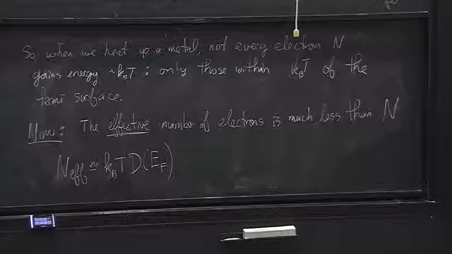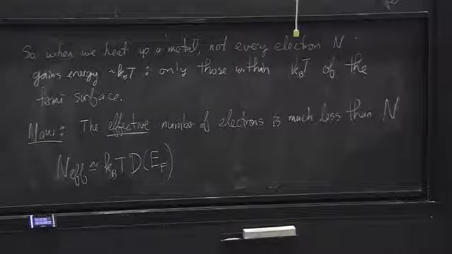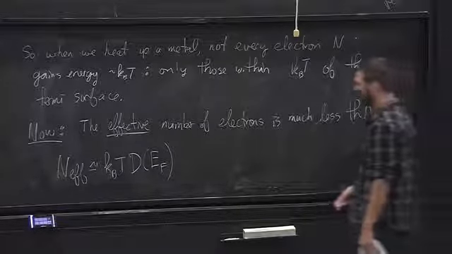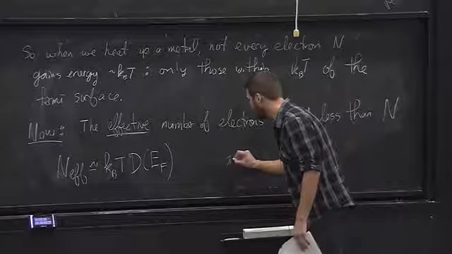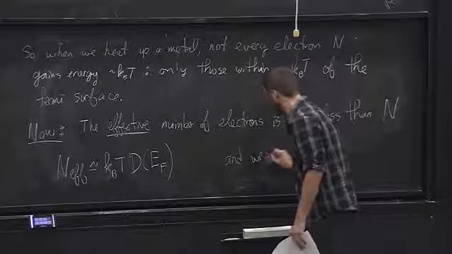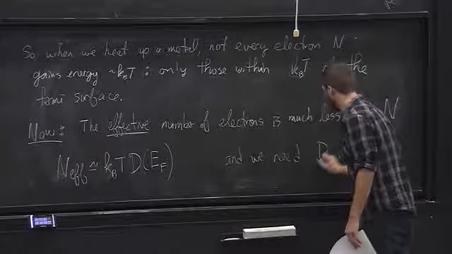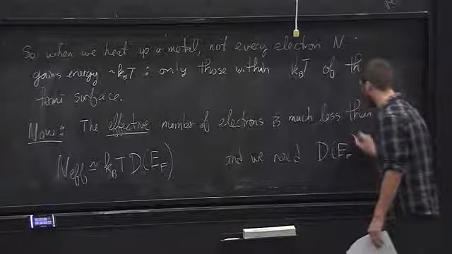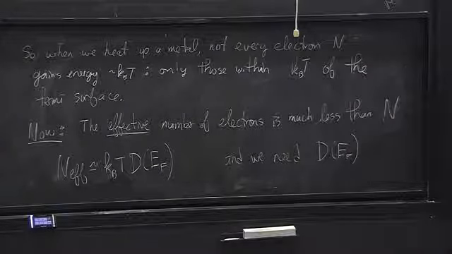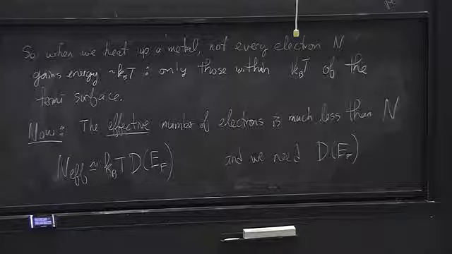So if we take the infinitesimal limit, so the low temperature limit, then that number of degrees of freedom is just kBT times D at the Fermi level, and all we need is, so what you do is you take this Fermi energy and you plug it into your expression for the density of states.